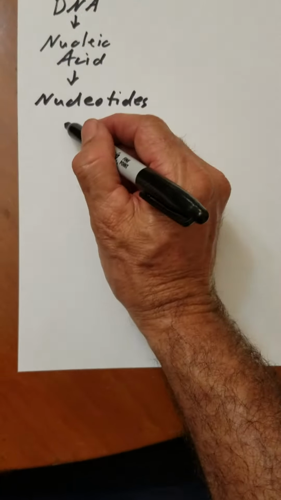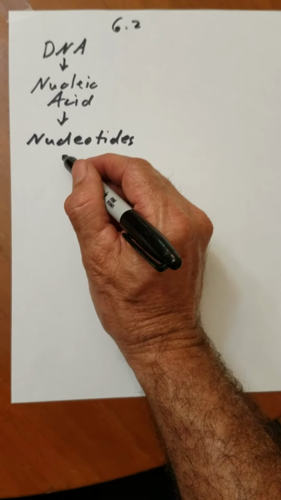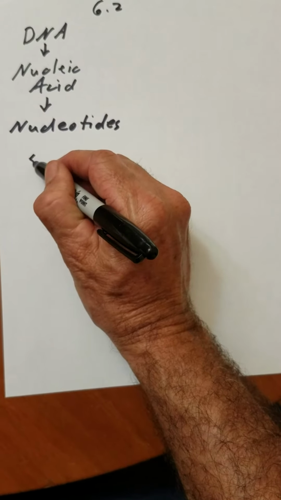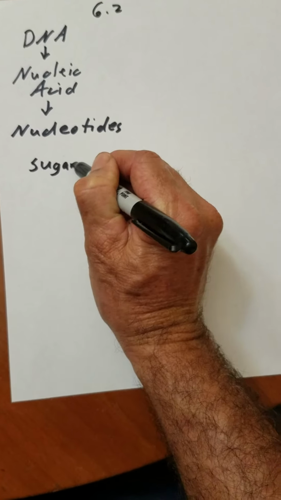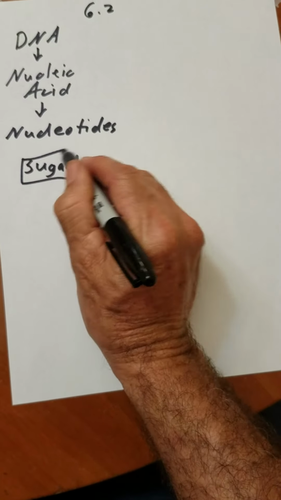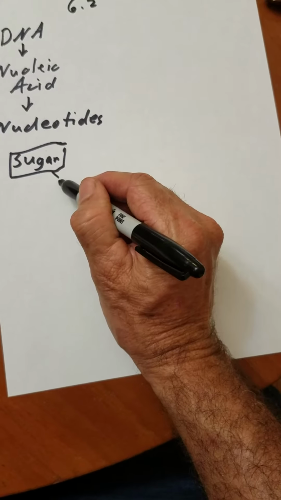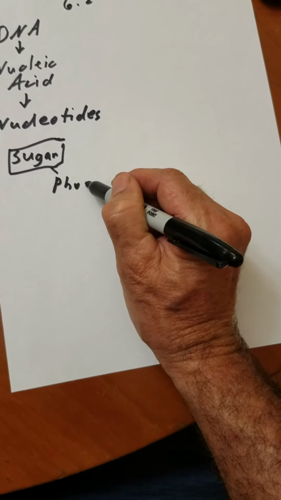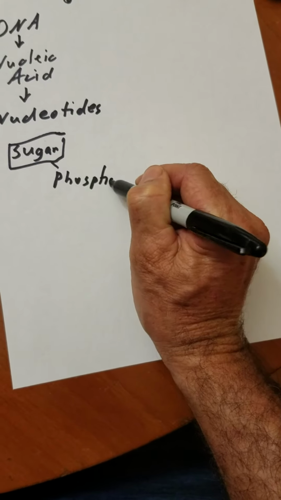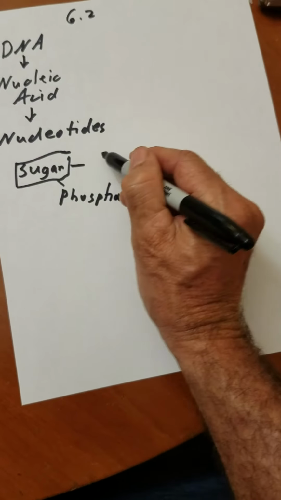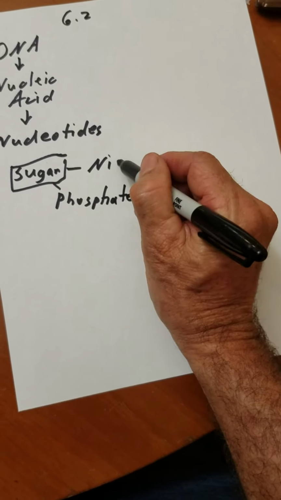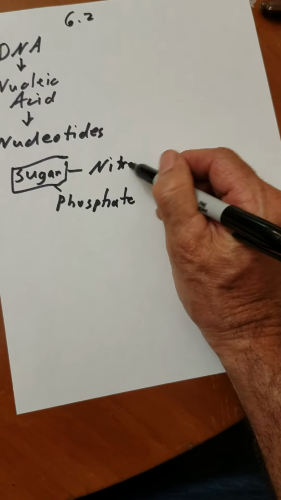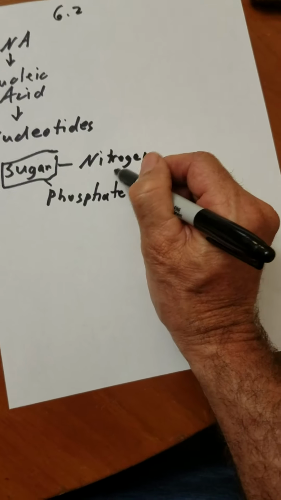So we know that a nucleotide is a sugar, in the case of DNA, this would be deoxyribose sugar, and a phosphate, and a nitrogenous, or nitrogen, let's say, base.